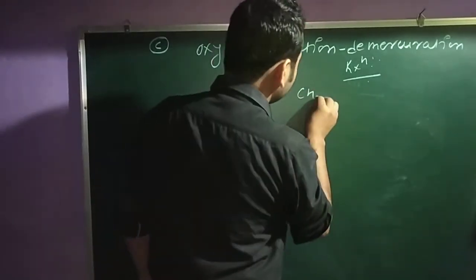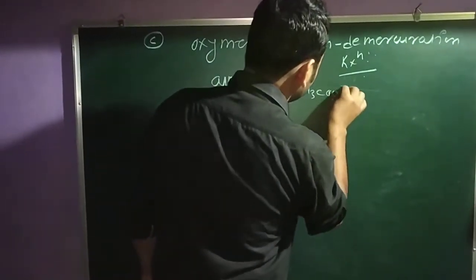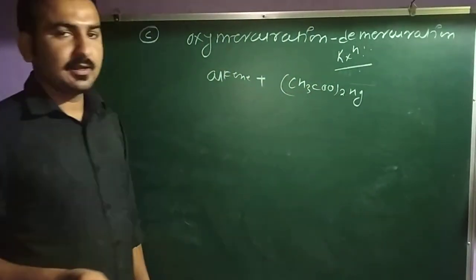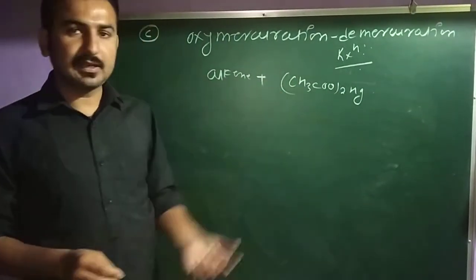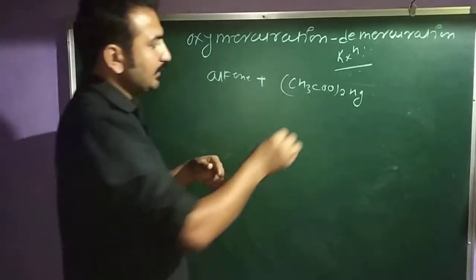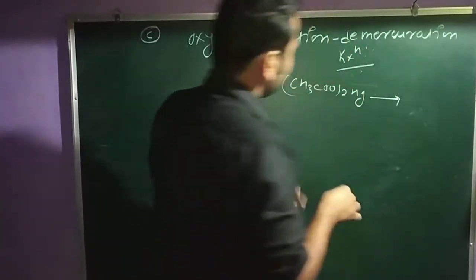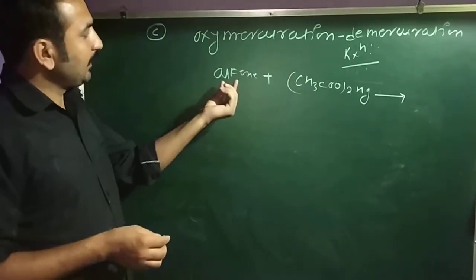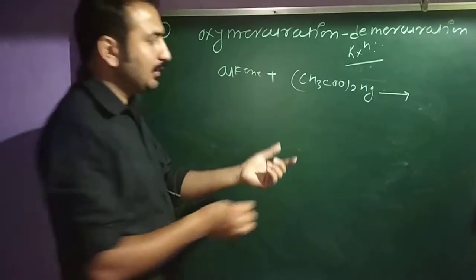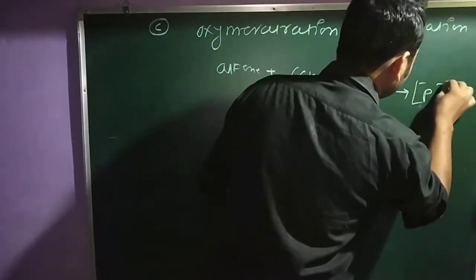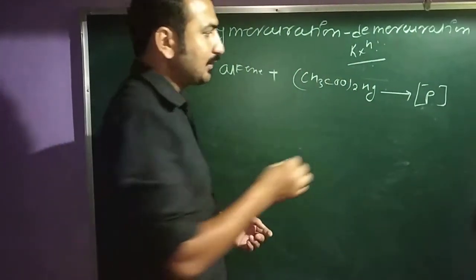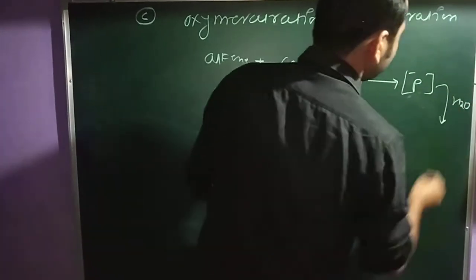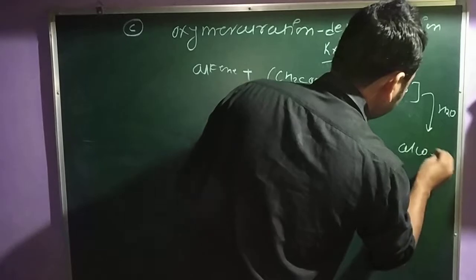That means you have the CH3COO whole twice Hg. This is your mercuric acetate, and we can write this also as mercuric acetate, and the alkene will give you a product, the same additive product, and further on hydrolysis it will give alcohol.